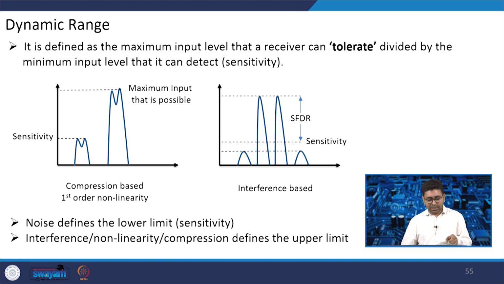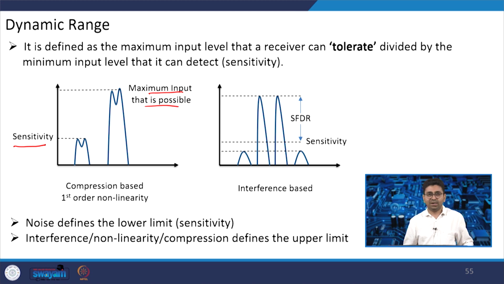The minimum is given by sensitivity and the maximum is given by the non-linearity. Because compression will compress the signal, the maximum is given by the non-linearity. So the difference between the two is given by the dynamic range.